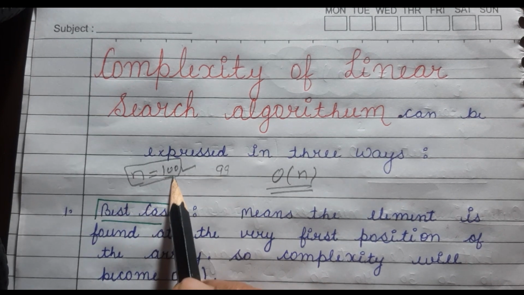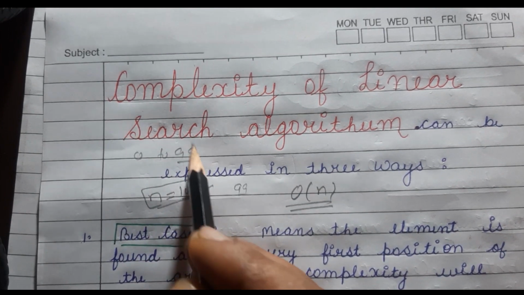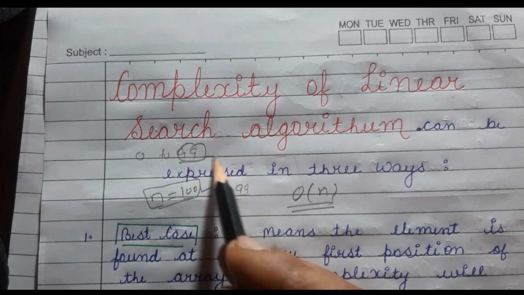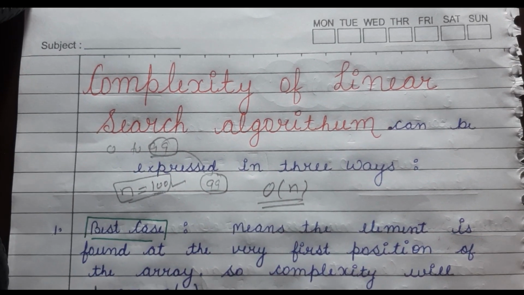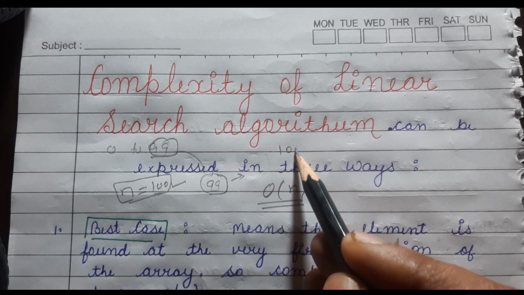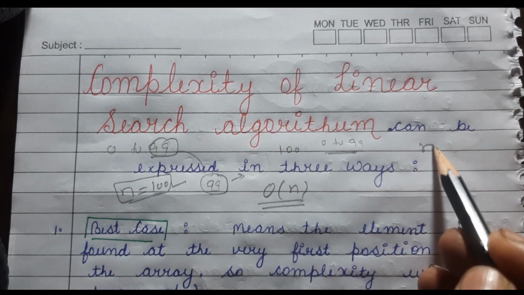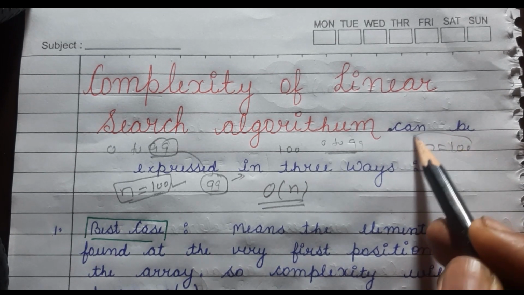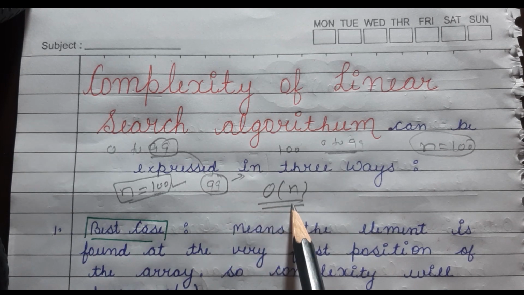The index goes from 0 to 99, and your searching element is placed at position 99. In that case, we perform 100 comparisons, 0 to 99 becomes 100 comparisons, and n has a value 100. So here the complexity becomes big O of n.